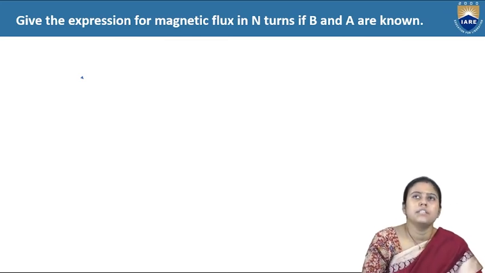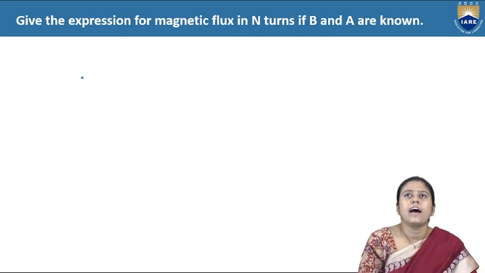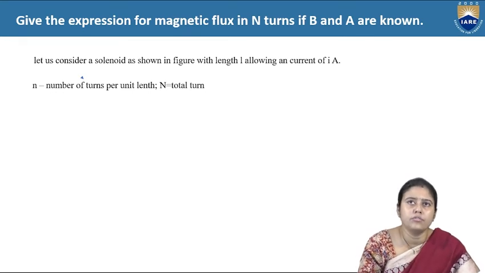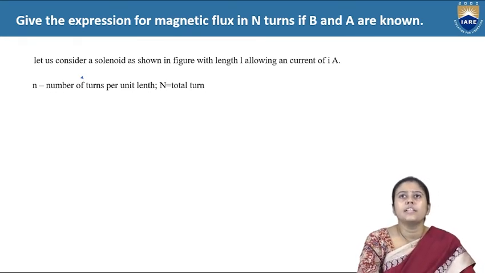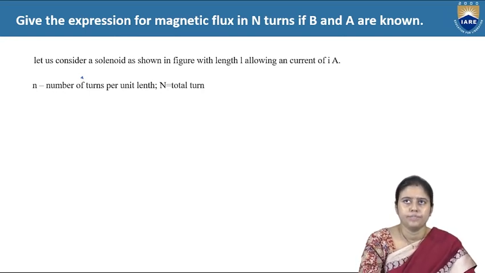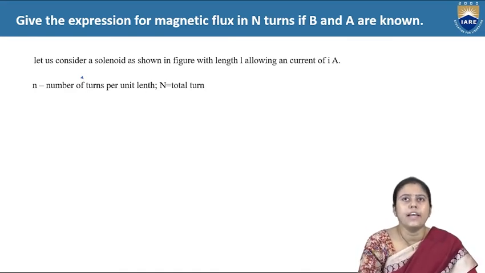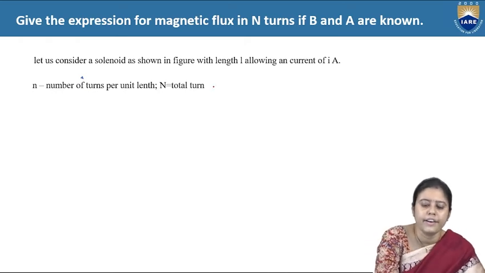Give the expression for the magnetic flux in N turns if B and A are known. This is again the expression from the previous one. Let us consider a solenoid as shown in the figure with length L carrying a current of I amperes. n is the number of turns per unit length and capital N is the total number of turns.